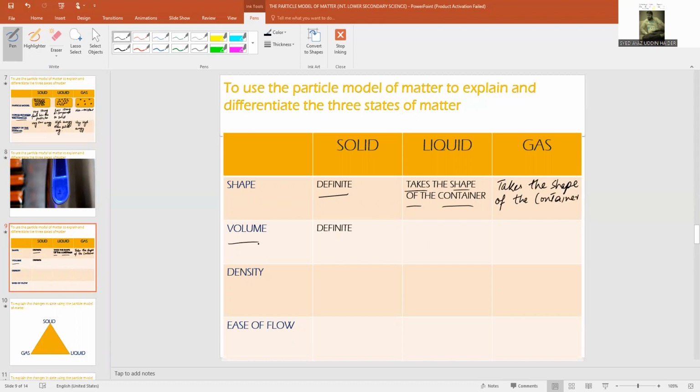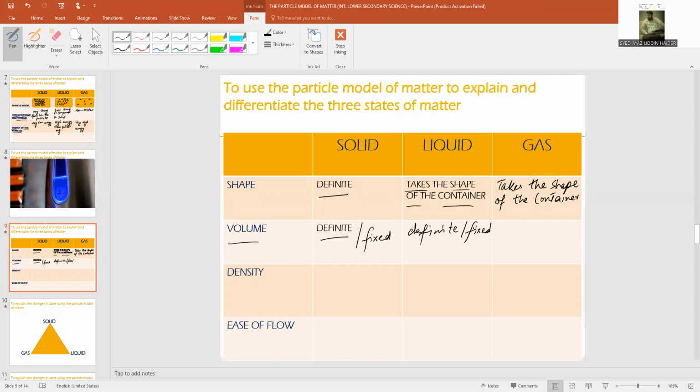Volume. Solid and liquid both have definite or fixed volume. The perfect example for liquid having fixed volume is that when you take 1 liter of water and transfer that 1 liter of water into a measuring cylinder, you will find out that the volume does not change.